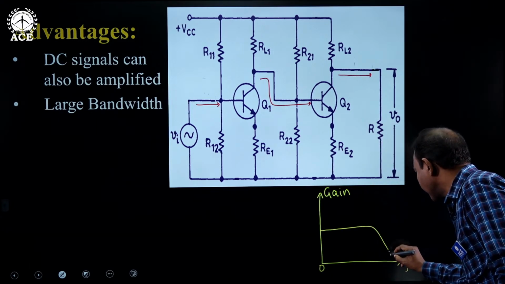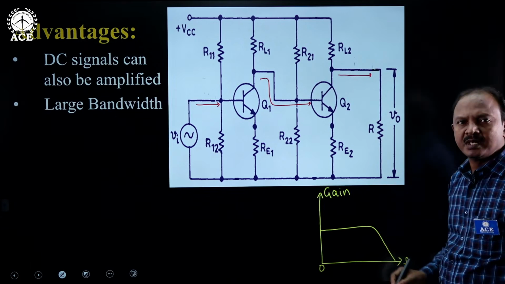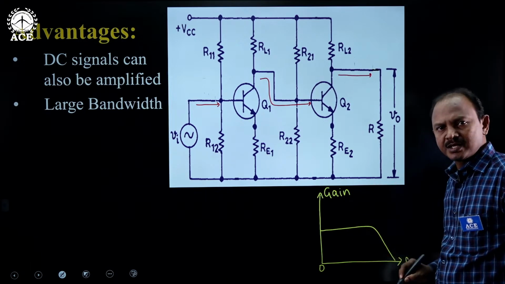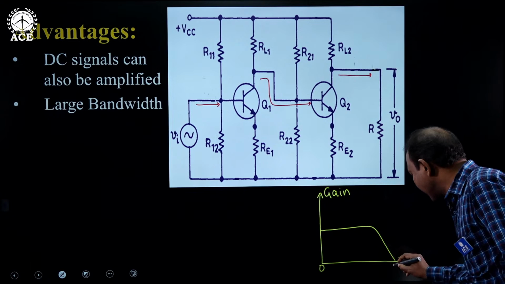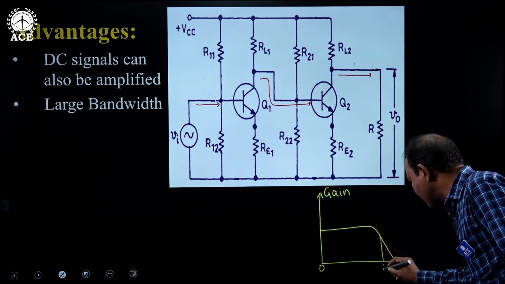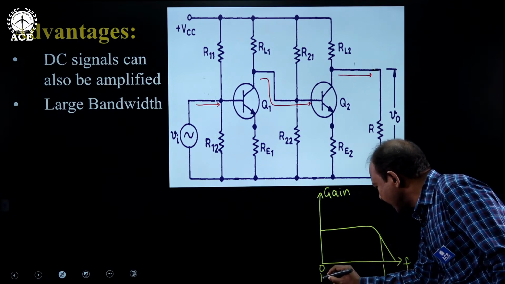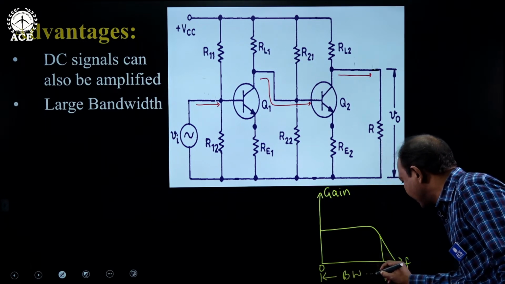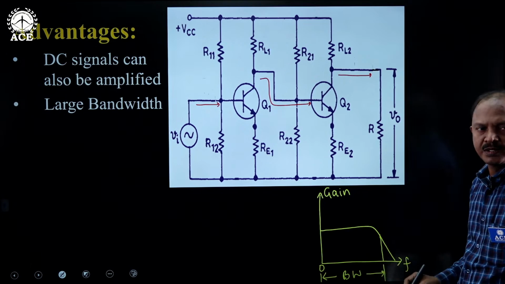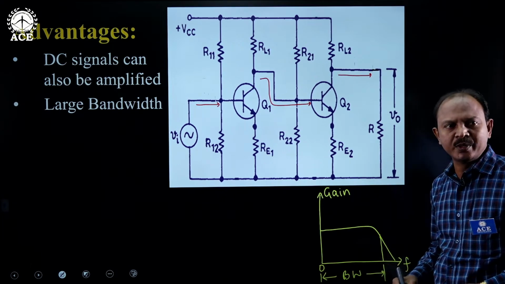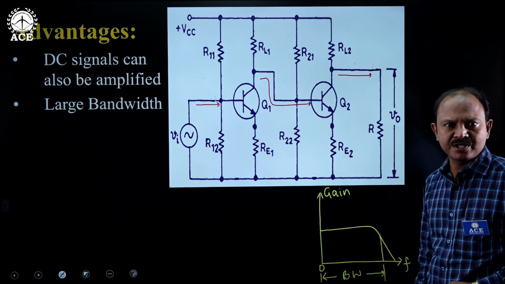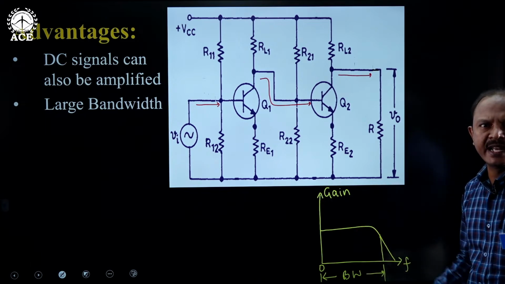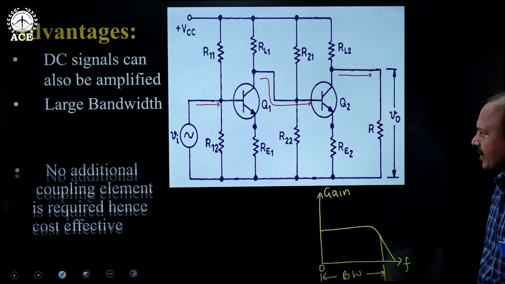So the frequency response of this amplifier can be shown like this. What will be the bandwidth of this amplifier? Large. Right from f equal to 0, signals can be amplified. That's why the bandwidth of the amplifier will be large. Hence, these amplifiers are considered large bandwidth amplifiers, generally used in wideband amplifier applications.